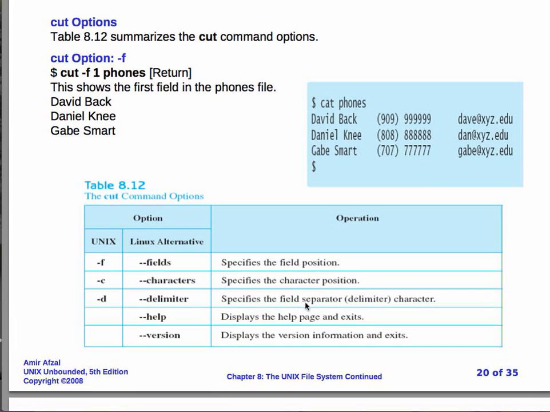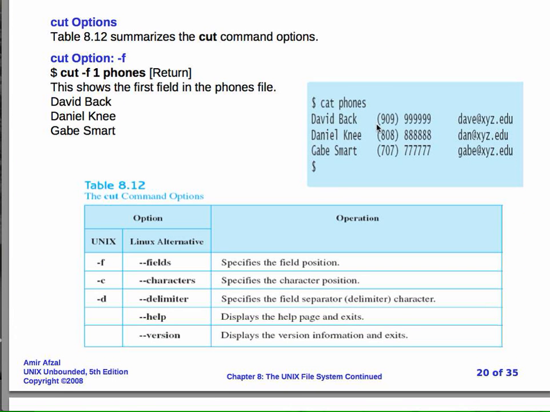Okay, so suppose you have this file full of people's names, phone numbers, and emails. You can do, for example, this. You can say cut the first field. Now, this may not do exactly what you expect. You might think, well, the first field is just the name, right? Well, by default, cut works with things that are separated by tab characters.